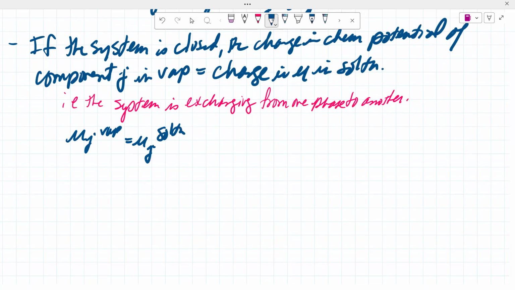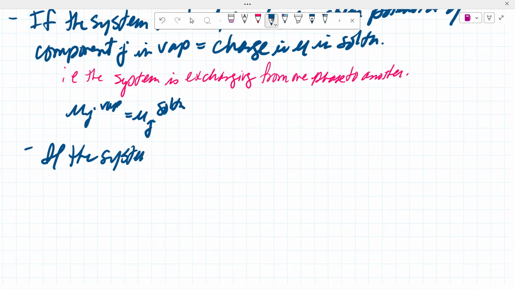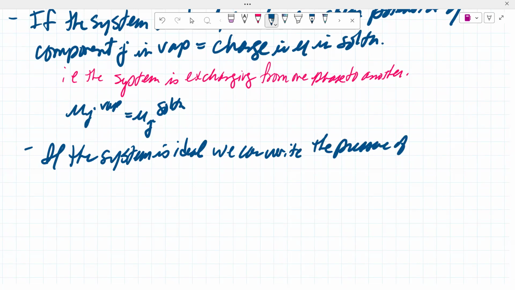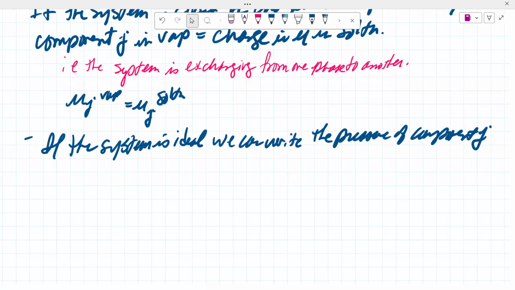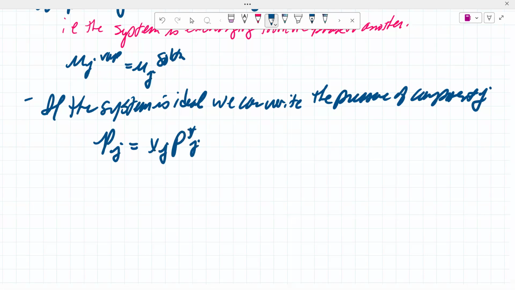If the system is ideal, we can write the pressure of the component J. So we can write this: pressure J equals xJ p star J. This is Raoult's law.